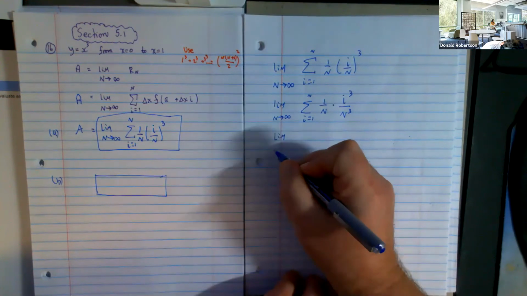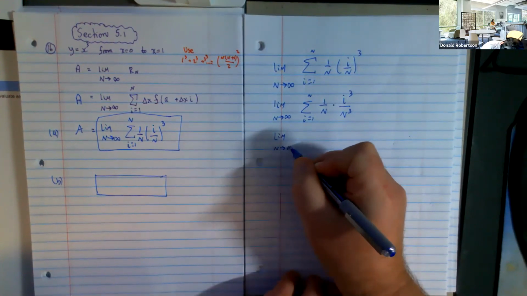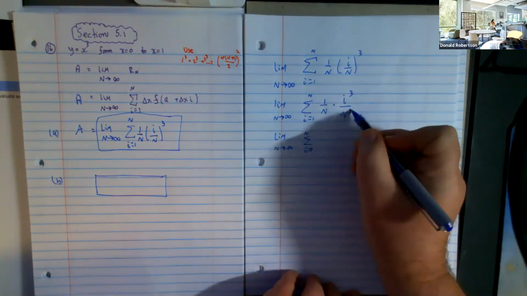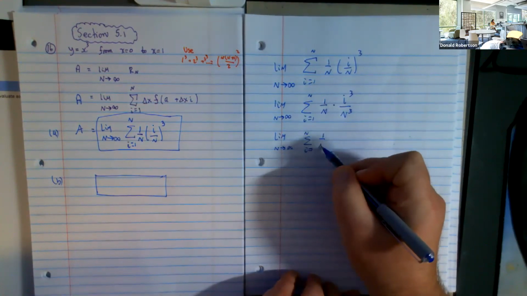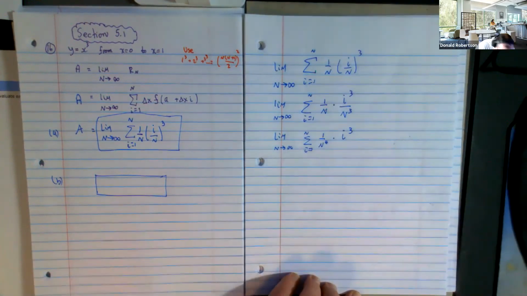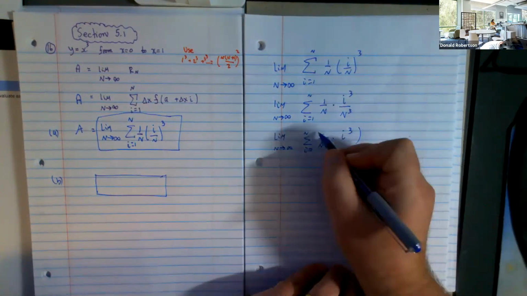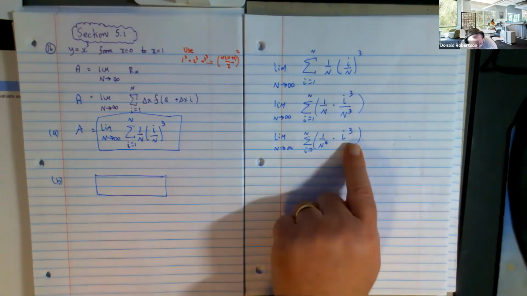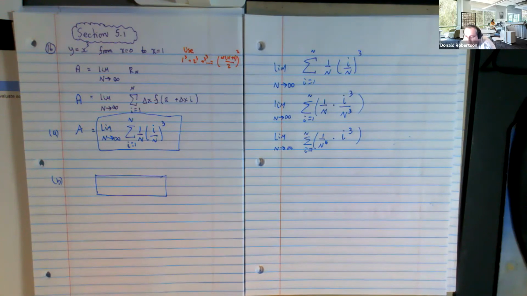In this next line, I'm going to combine these two together to get 1 over n to the 4 times i cubed. I don't know if you need brackets, but I'll put some brackets around it. Now, I could have called it i cubed over n to the 4, and that would have been correct as well.